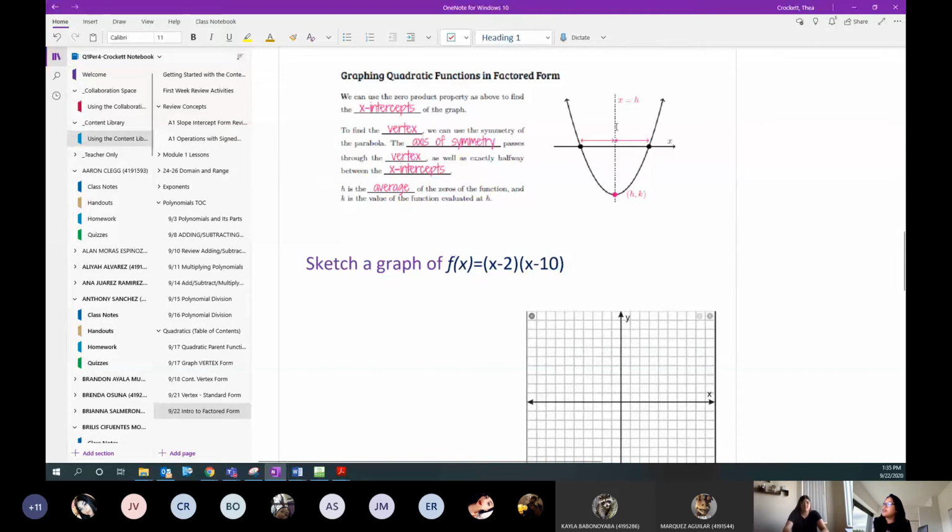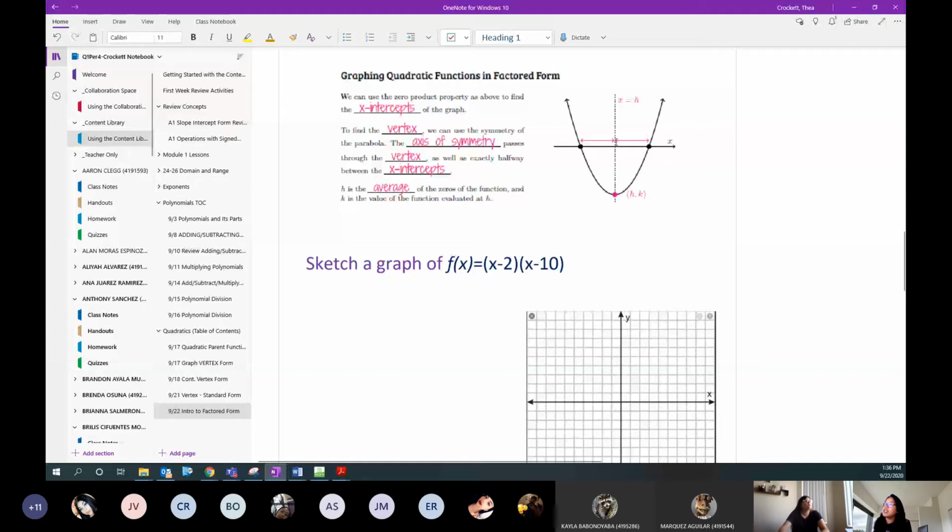And to graph the vertex, it's very easy because once you get those two x's, you look for the middle, and that's where the line of symmetry or the AOS is going to be. So we can do it in a graph, or we could just add those two x's and then divide it by 2, and we'll still get the h.